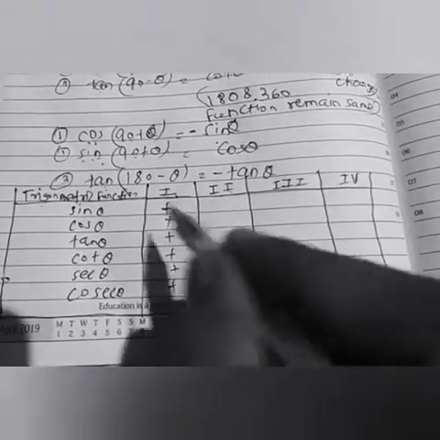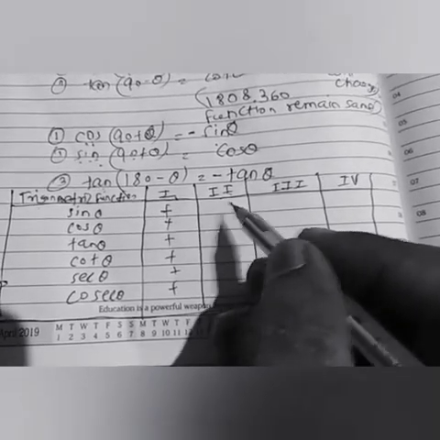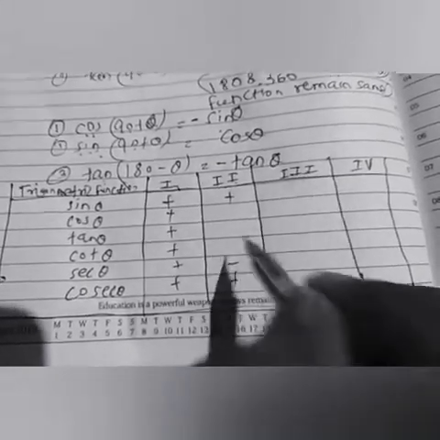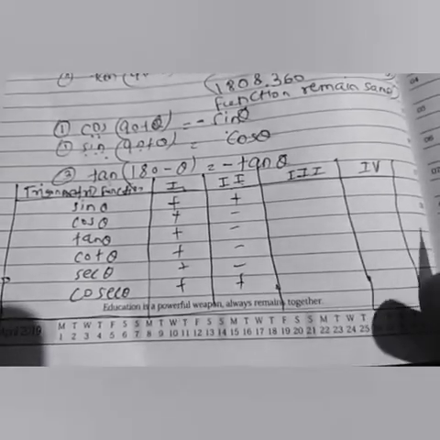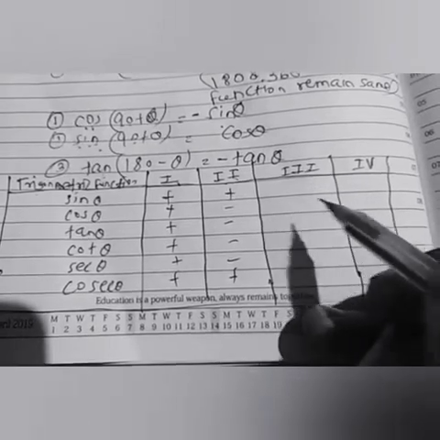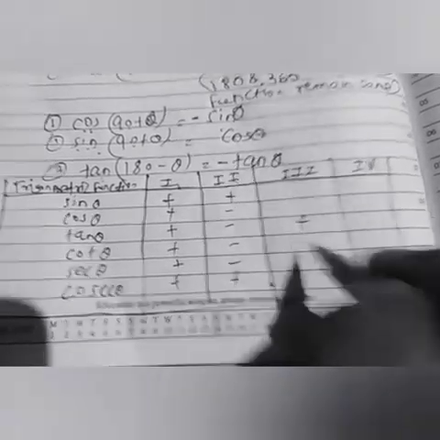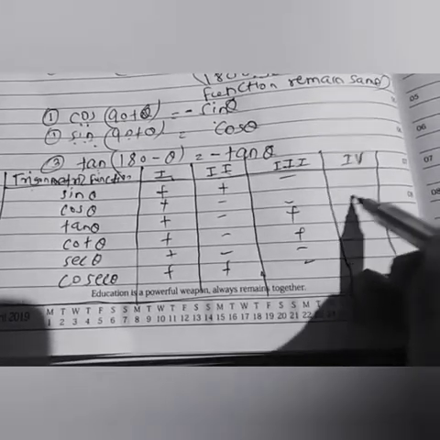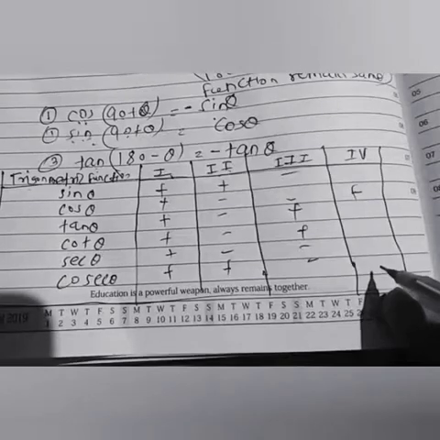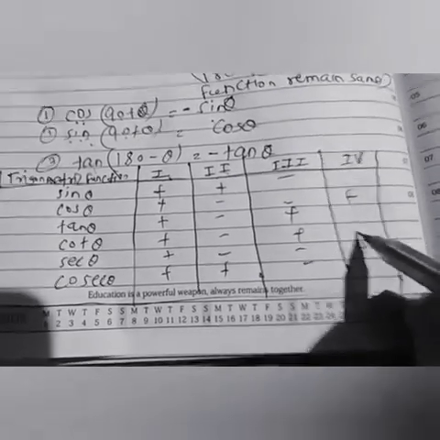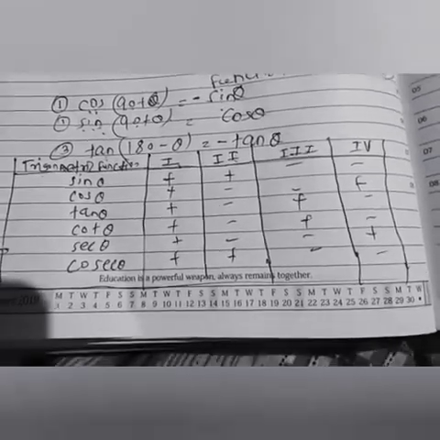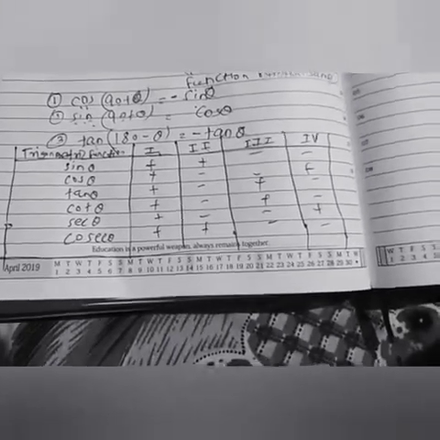Then second quadrant AS means sine and cosec: sine is positive and cosec is also positive, and all others are negative. Then third T means tan and cot are positive, and all others are negative. Then fourth quadrant C, cos and sec are positive, and all others are negative. Okay, understood? ASTC is the rule.